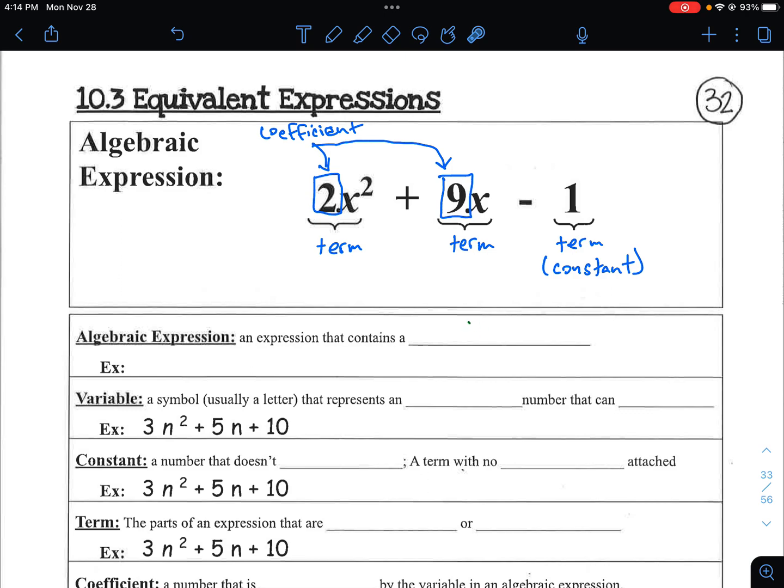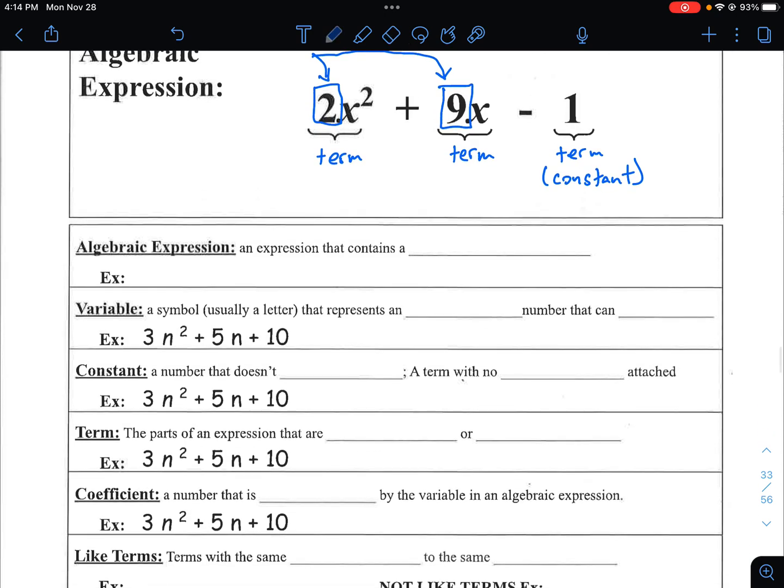Let's go ahead and start off with some vocab. So, an algebraic expression. An algebraic expression is an expression that contains a variable. So what's an example of an algebraic expression? How about n plus 1? That's an algebraic expression. Or you can say like 2x squared plus 5x minus 4.